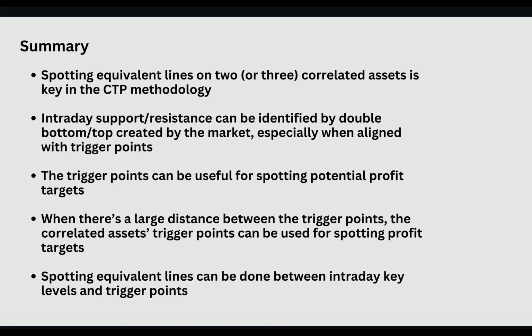The trigger points can be useful for spotting potential profit targets, and when there's a large distance between the trigger points of the current asset you trade, the correlated asset's trigger points, referred to as correlated trigger points, can be used for spotting profit targets. Spotting equivalent lines can be done between intraday key levels validated before and the trigger points of the correlated instrument.